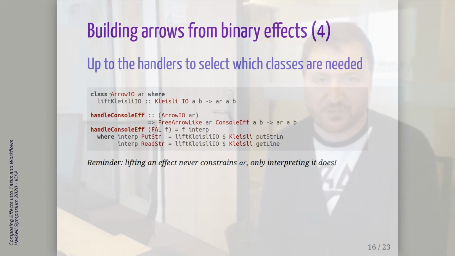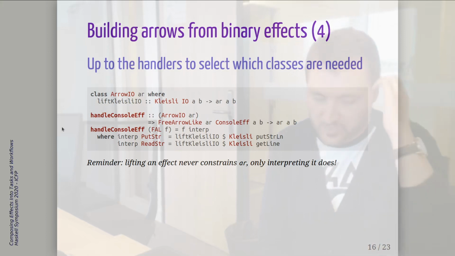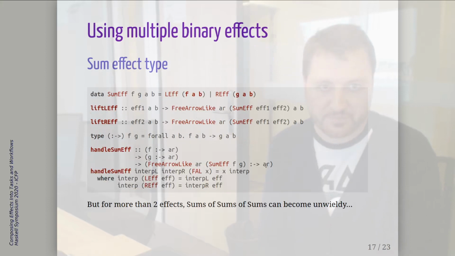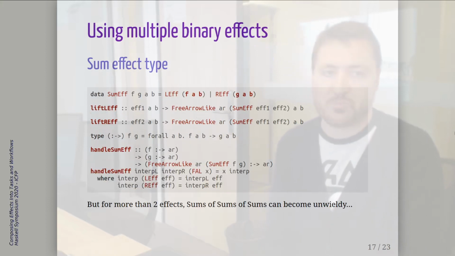So for instance, if I have a class ArrowIO, which is just like MonadIO but for arrows, then my handle console effect or my handle log effect or write file effect would take some effects and just call getLine or putLine on it, but of course to do that it needs to place a separate constraint. So lifting an effect does not place constraints on the target interpretation type, on the core, but interpreting it of course does.